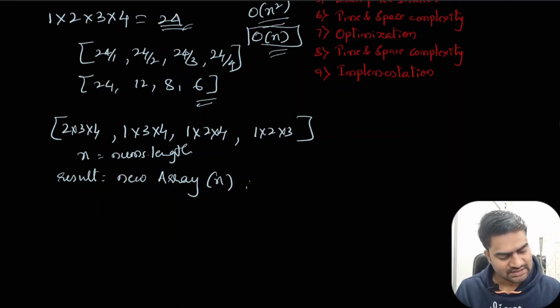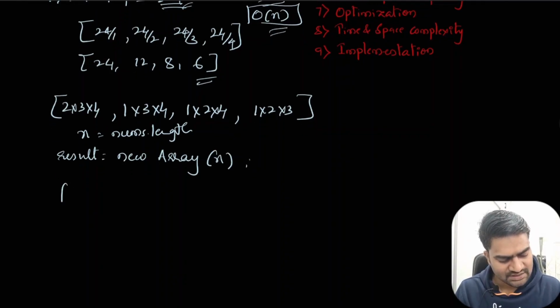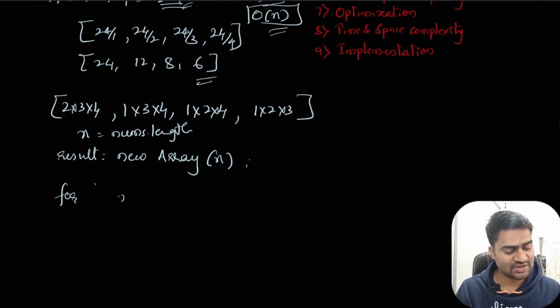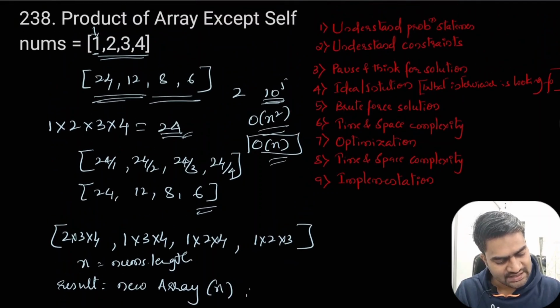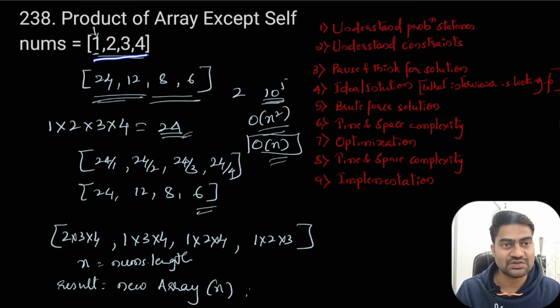Okay, with that, now I will use a for loop for i equal to 0. That's how, we see what we are trying to do. We are trying to stand at any number, then we iterate over all the numbers. Then we stand at the next number, again we iterate over all the numbers. Then we stand at the third number, then we iterate over all the numbers. So basically we use two loops here.